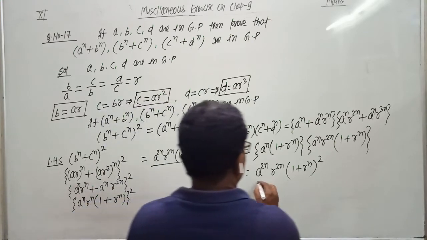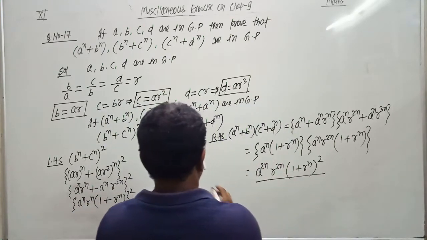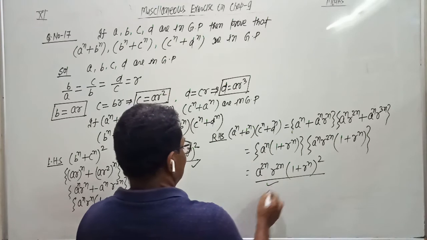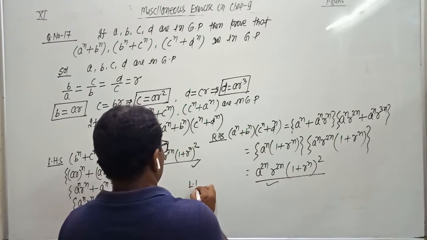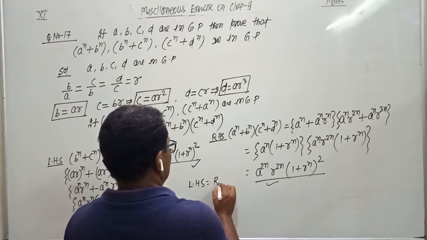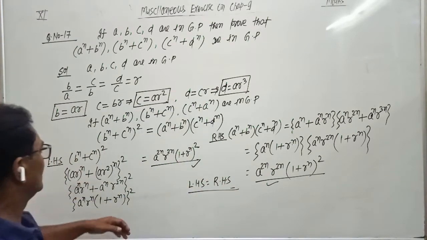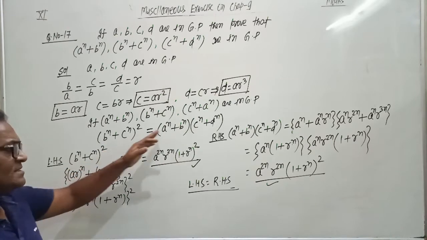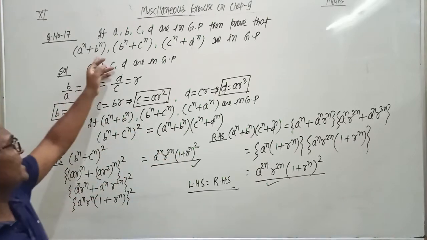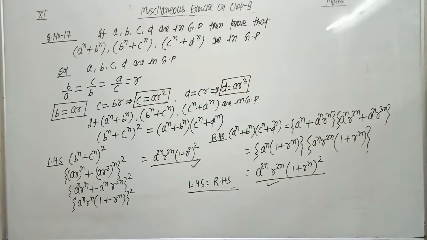We get 1 plus R raised to the power n, the whole square. So this was LHS and this is RHS. So we can say that LHS is equal to RHS. Therefore, A raised to the power n plus B raised to the power n, B raised to the power n plus C raised to the power n, and C raised to the power n plus D raised to the power n are in GP.